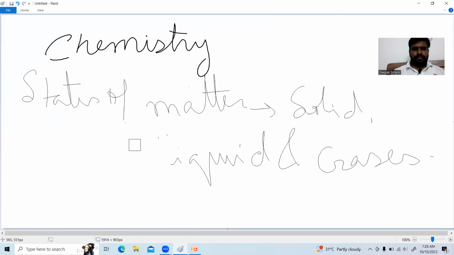Diffusion is a process in which intermixing of particles takes place on its own. It is just a property of matter particles.